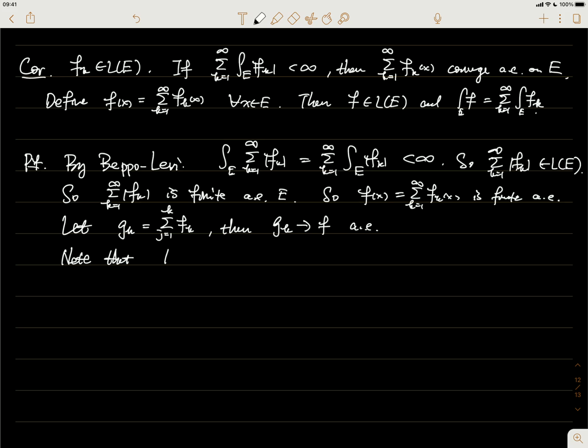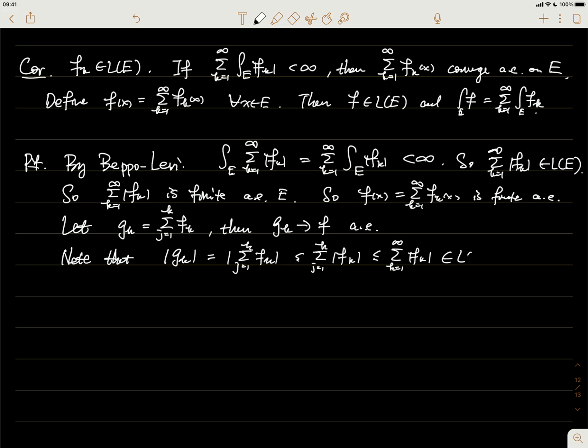The absolute value of g_k is equal to the absolute value of this partial sum, and apparently that is less than or equal to this by the triangle inequality, and this is less than or equal to the complete, infinite sum.